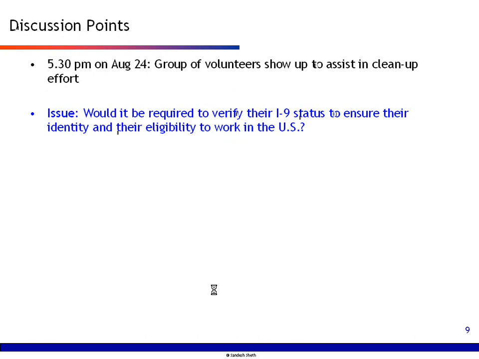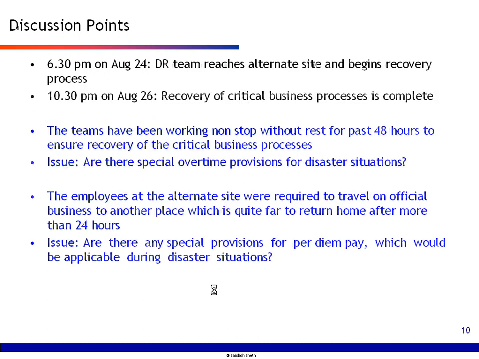It's 6:30 p.m. The DR team reaches the alternate site and begins the recovery process. As mentioned earlier, some of the individuals met with an accident and some of them refused to relocate. The DR team members who did reach the location have to work non-stop for 48 hours.